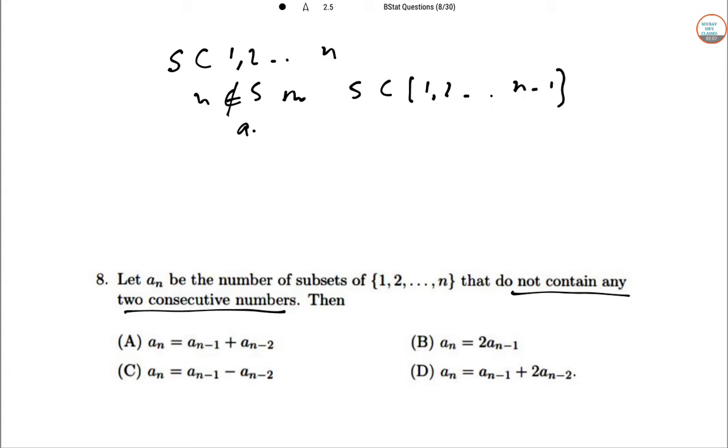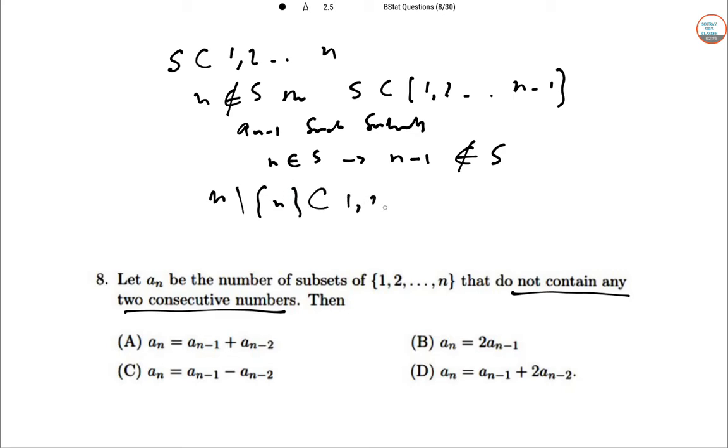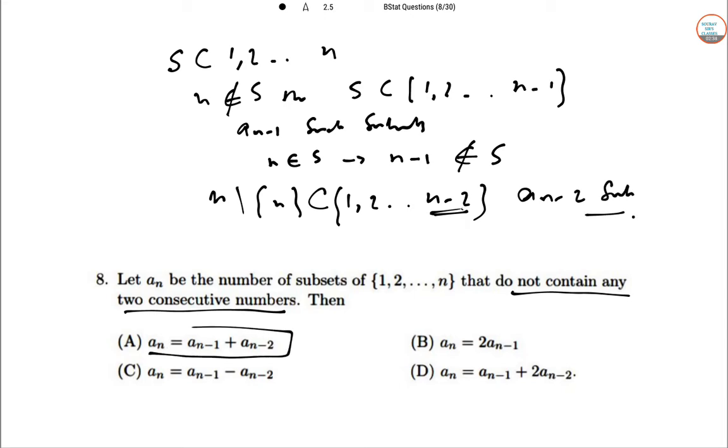If n belongs to S, then n minus 1 does not belong to S, and S is like {1, 2, ..., n minus 2} plus n, so there are n minus 2 such subsets. So the answer is the sum of n minus 1 and n minus 2 cases, option 8n.